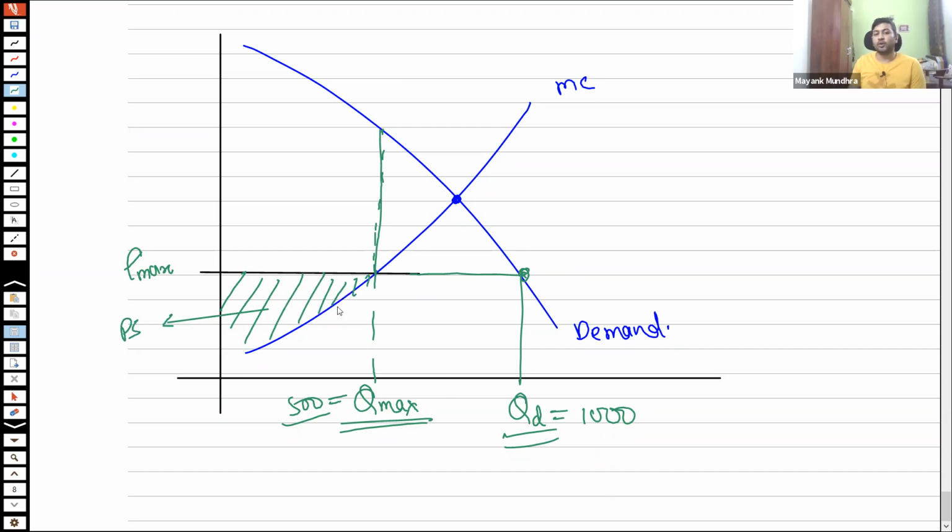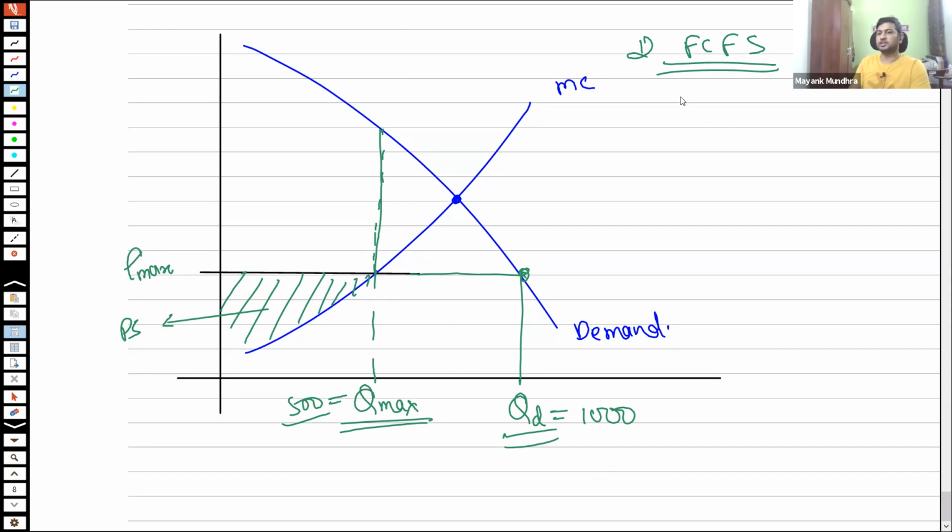But what the consumer surplus will be depends on how this good is being distributed. So one strategy could be first come first serve, FCFS.